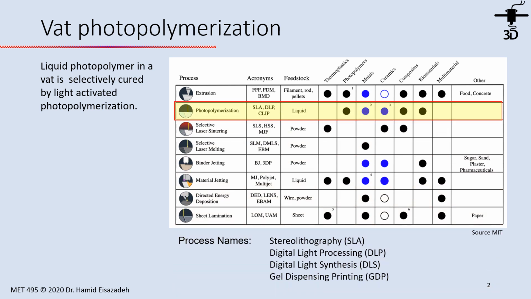As you see in this table, we have different acronyms: SLA, which represents stereolithography. We have digital light processing, DLP, or digital light synthesis, which is DLS, and gel dispensing printing, GDP.